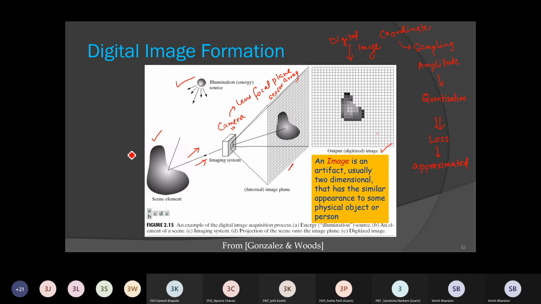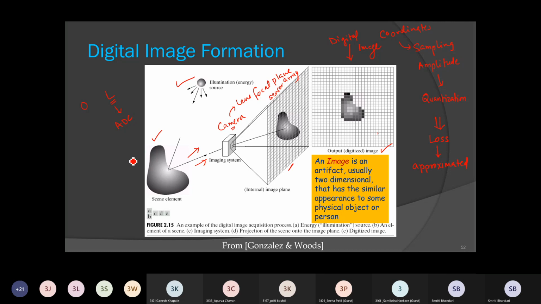The quantization process uses the A to D converters to transform the brightness values into a range of integer numbers, and this range typically comprises 0 to L, where this L is limited by the A to D converter and the computer system being used.